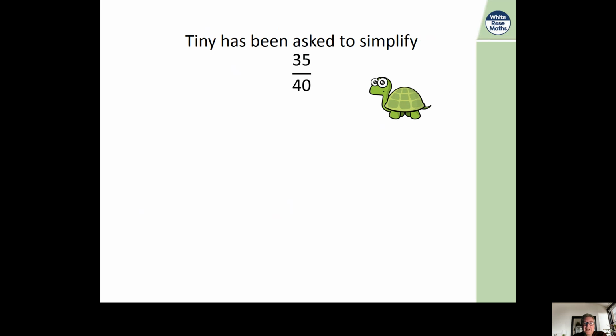Tiny has been asked to simplify. Have a think. Is Tiny correct or is Tiny incorrect? Work it out and prove it either way, making a note of your reasoning.